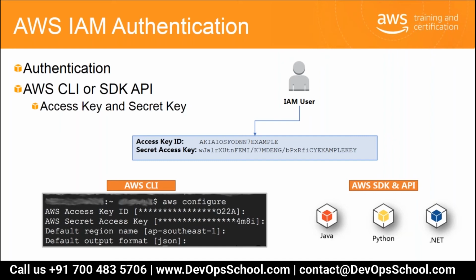You will get something called an access key ID. This access key ID and your secret access key are the two things which you will use for getting programmatic access on your user.